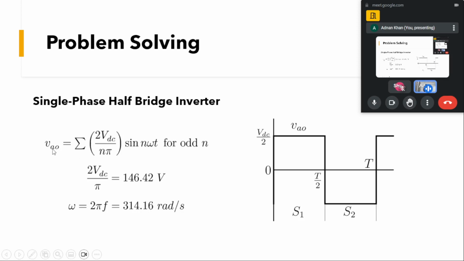Also you can see when you do the Fourier analysis that the amplitude of the subsequent harmonics will be divided by the harmonic number. Like for the third, we won't be having any even harmonics. For the third we'll have an amplitude of 2VDC by 3 pi, and for the fifth, an amplitude of 2VDC by 5 pi.